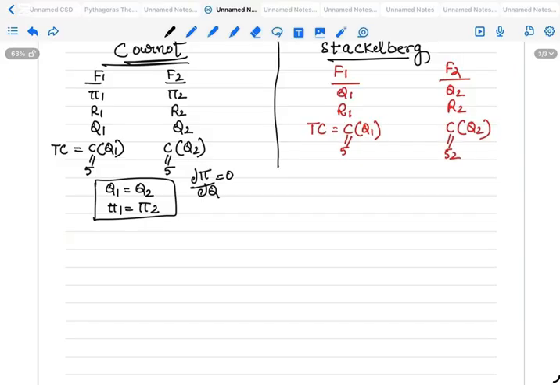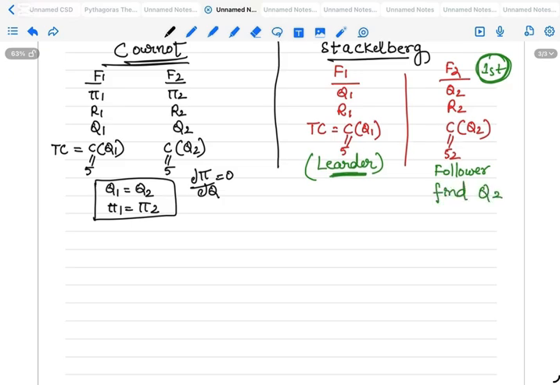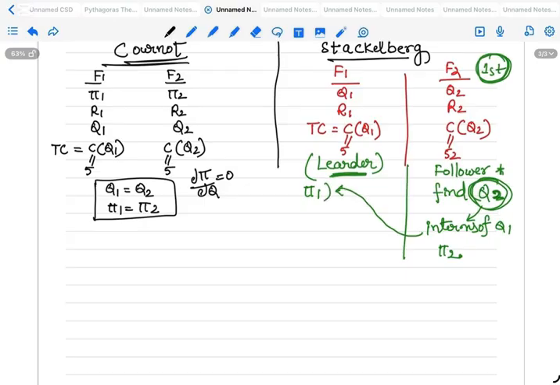So first go to the follower, and firm 1 is the leader as mentioned in the question. First you find Q2, very important, find Q2 in terms of Q1, then find profit pi 1 and profit pi 2, and put this Q2 in pi 1, that is in Stackelberg manner.